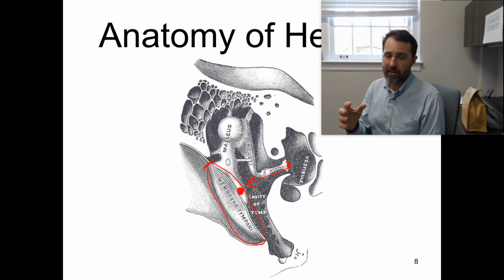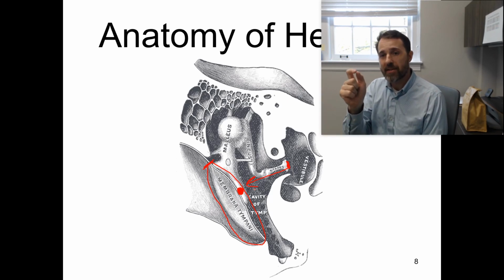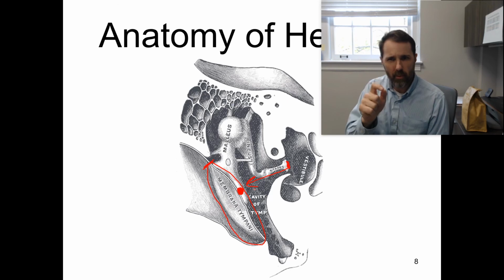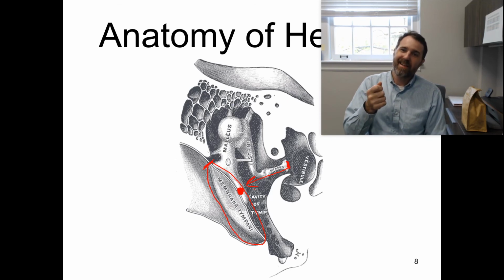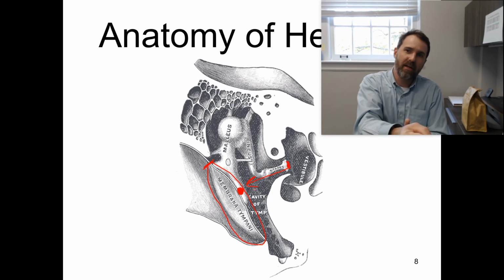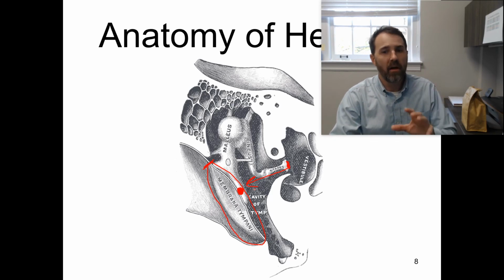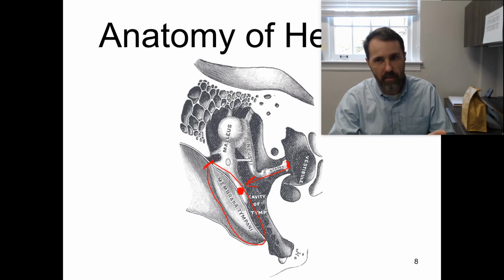That's what we're talking about here. Small amount of force over a large surface area, but focused down more to a point so that the stapes is able to deliver enough push and pull to the oval window of the cochlea to stimulate hearing within the cochlea.